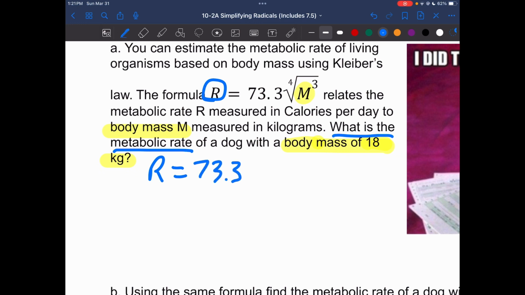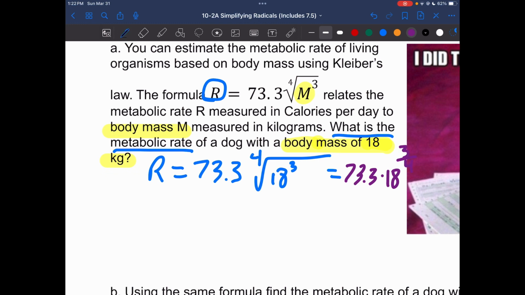73.3 times the 4th root of 18 to the 3rd power. So we can rewrite this so that it's a little easier for us to type into our calculator. We do 73.3 times 18 to the 3/4 power.